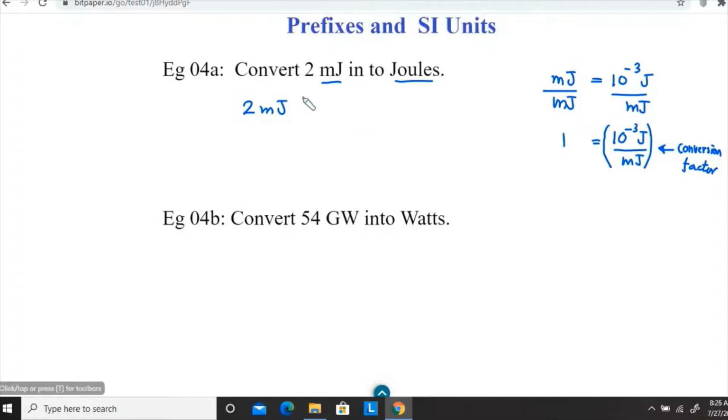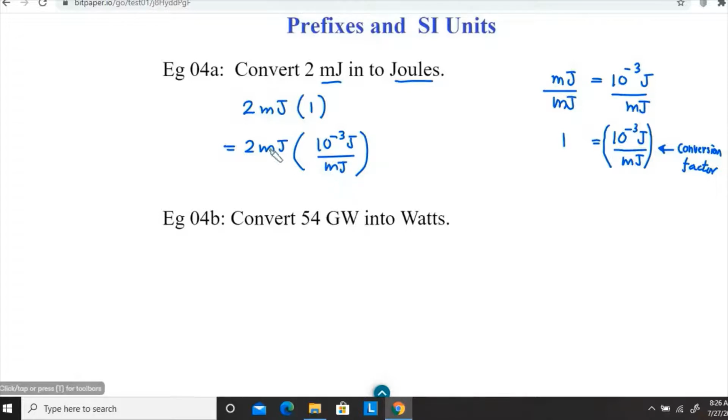So I'm going to multiply it by 1 and you can see it's not going to make any change. But now I know that 1, according to our conversion factor, can be written as 10 to the power minus 3 joules divided by millijoules, because this conversion factor is equal to 1.